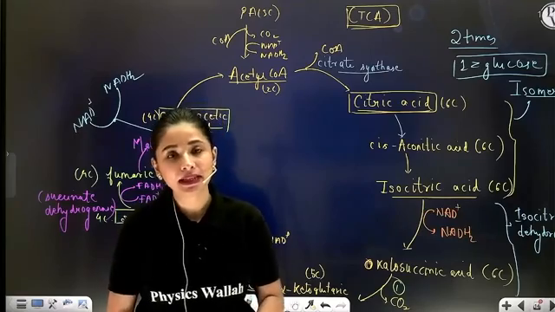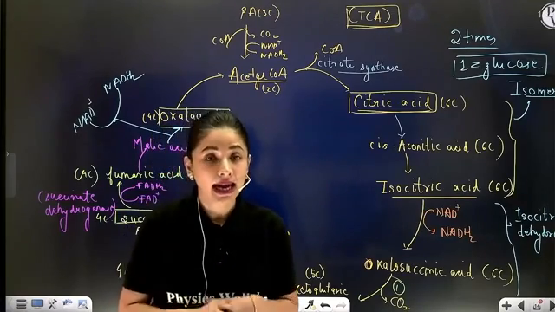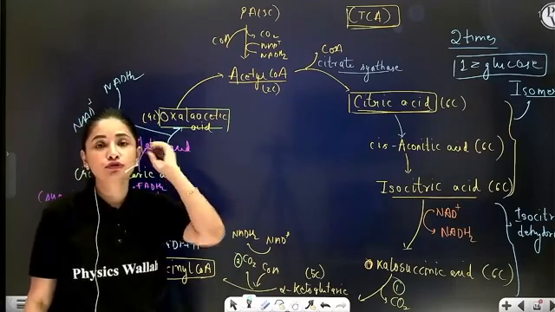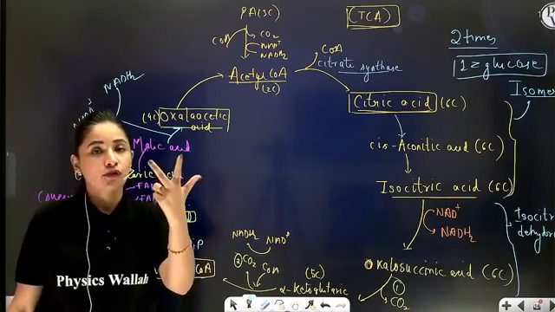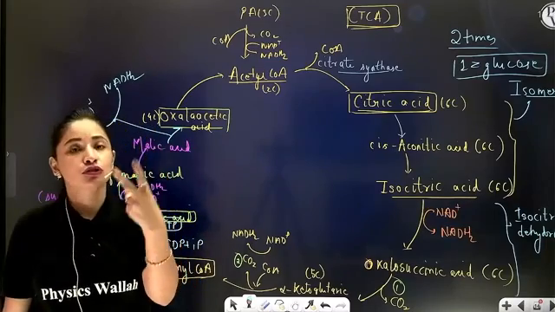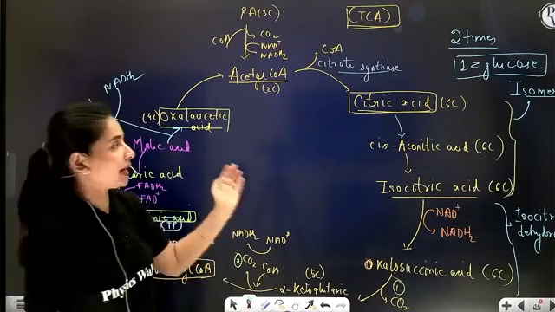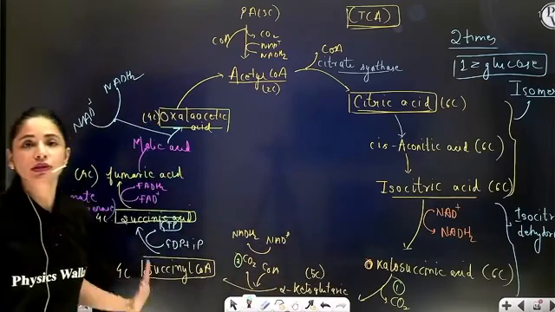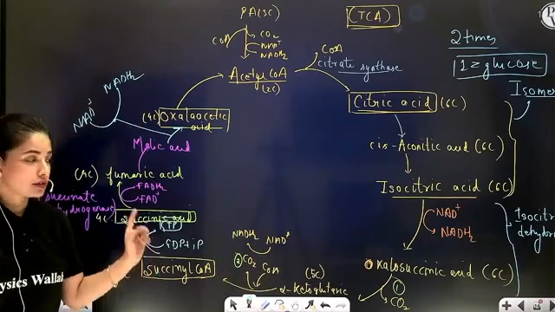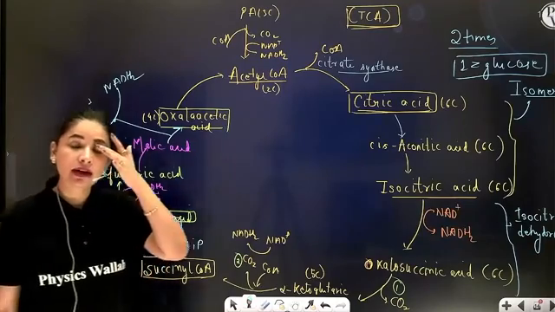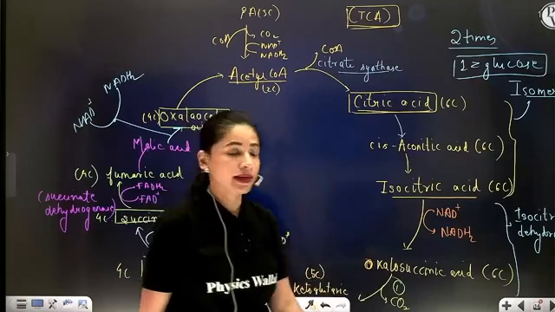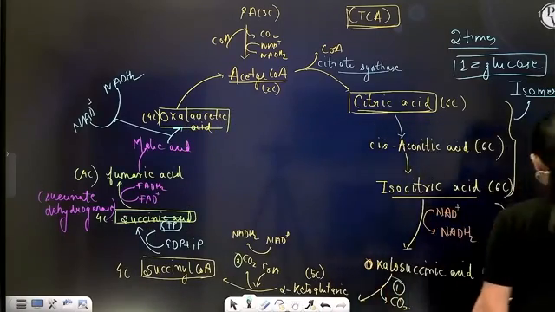The simple answer is that since one glucose molecule produces 2 pyruvic acid, from 2 pyruvic acid we get 2 acetyl coenzyme A, and for 2 molecules of acetyl coenzyme A, the cycle is going to run 2 times. Right? So this is how the cycle runs.